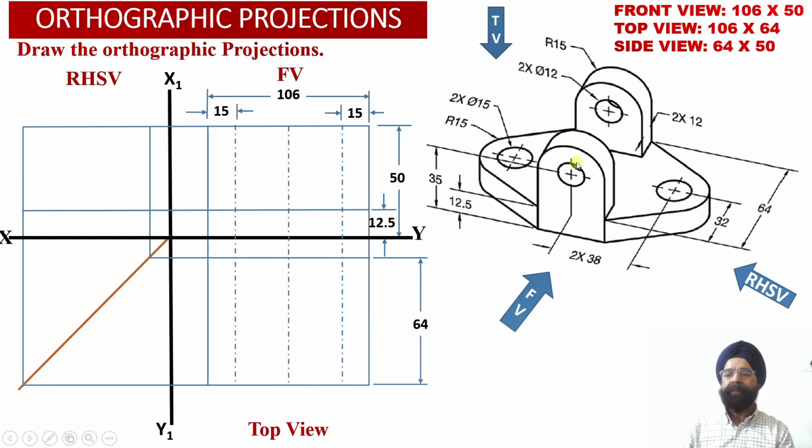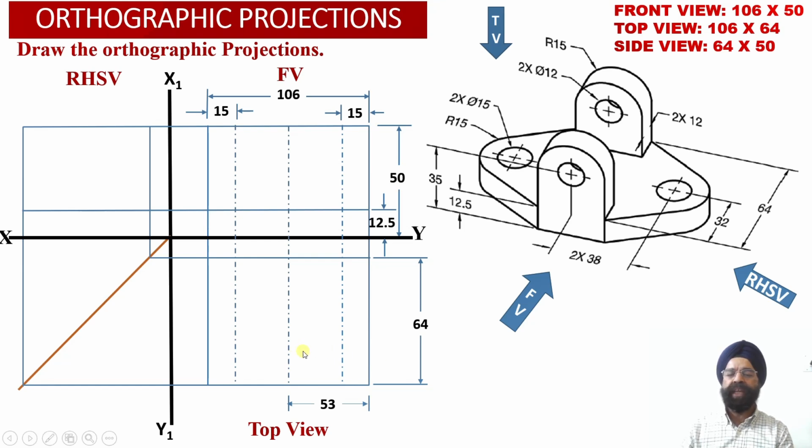Now we know that because the total width of the solid happened to be 106 millimeter, at a distance of 38 millimeter from this center line, or at a distance of 53 millimeter from the right hand side face, either of the distances we can mark. So we have marked this distance of 53 millimeter from the right hand side face over here, so that this center distance is 15 millimeter.